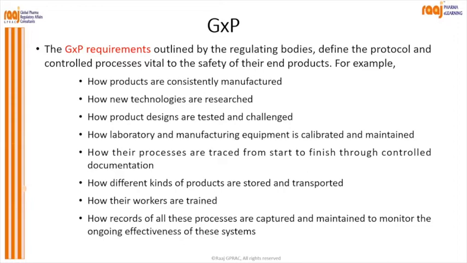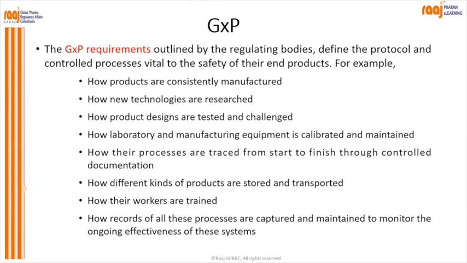So that's how the consistency should be maintained throughout the product life cycle. Then how new technologies are researched. So now if you are using, suppose, an Android phone or iPhone, the 4th or 5th version, you should see how advanced technology nowadays, advanced technology can be considered as AR, that is augmented reality, artificial intelligence.